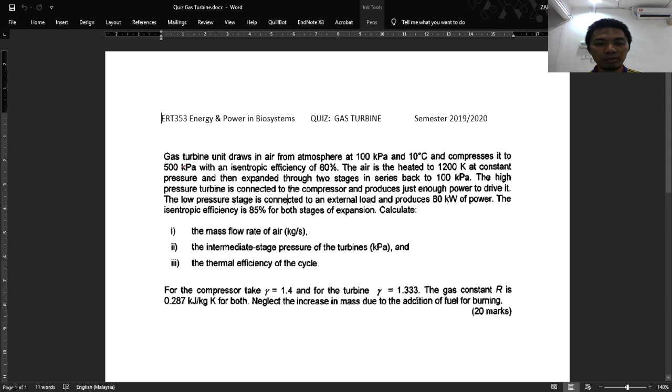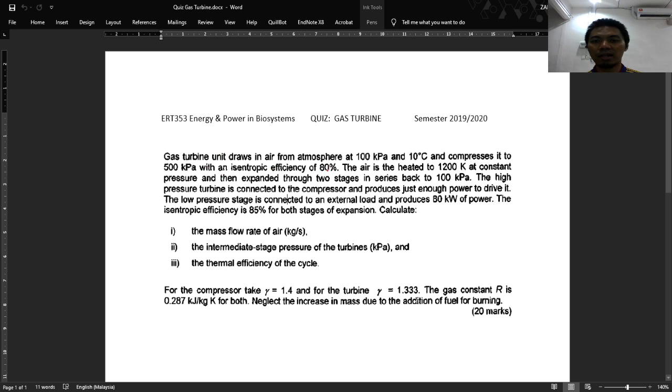A gas turbine unit draws in air from atmospheric pressure at 100 kPa and 10 degrees Celsius and compresses it to 500 kPa with isentropic efficiency of 80%.